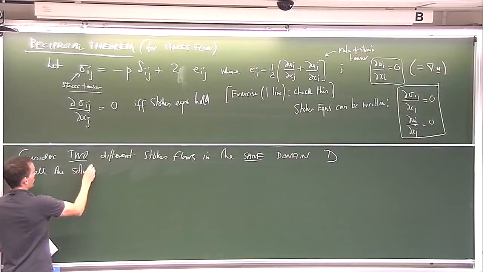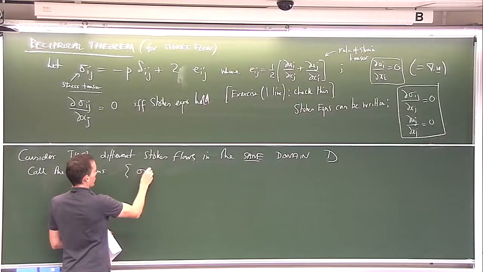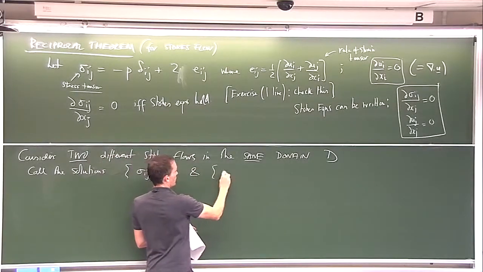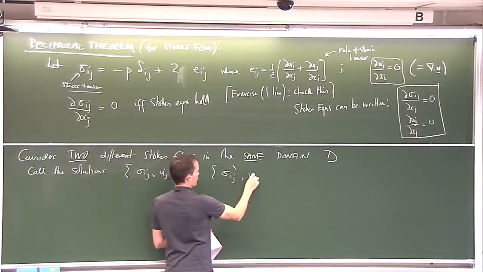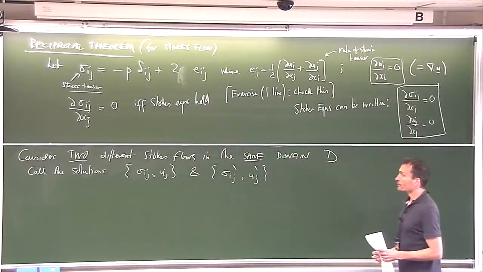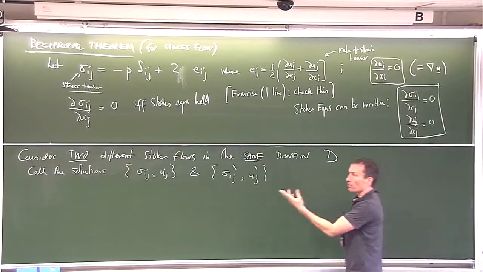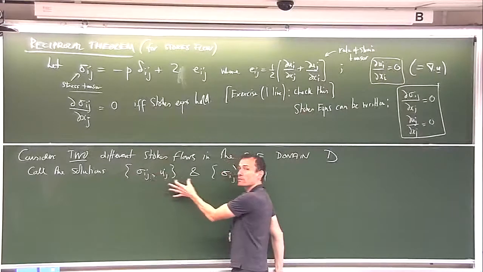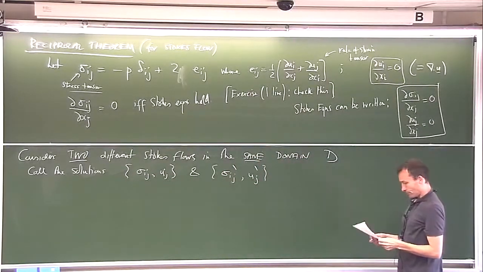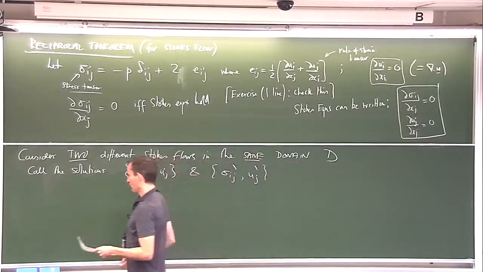We'll call the solutions sigma ij, uj, and the same things but with primes. For example, this could be the solution to problem 1, this could be the solution to problem 2.